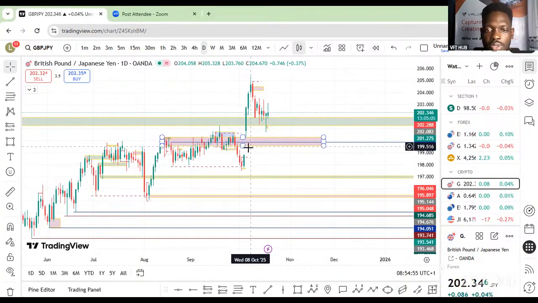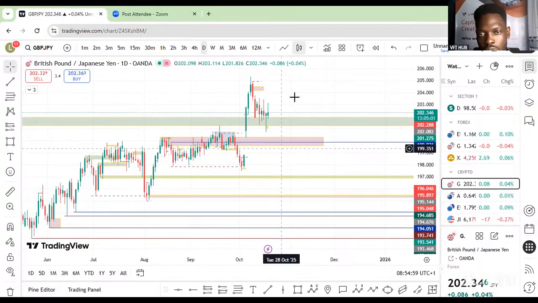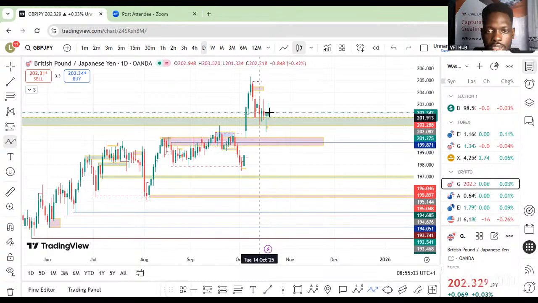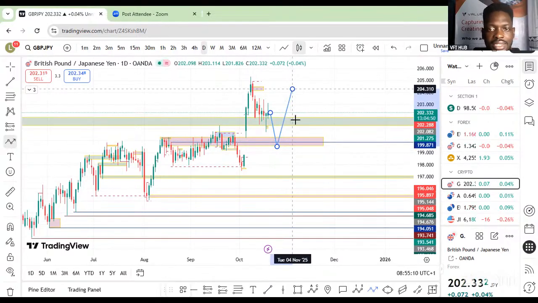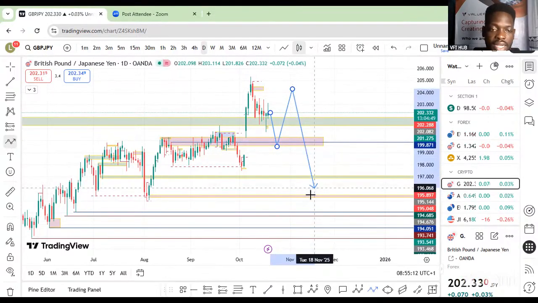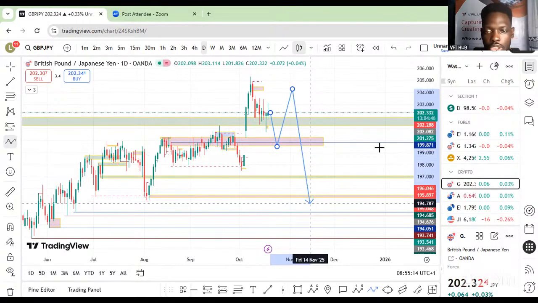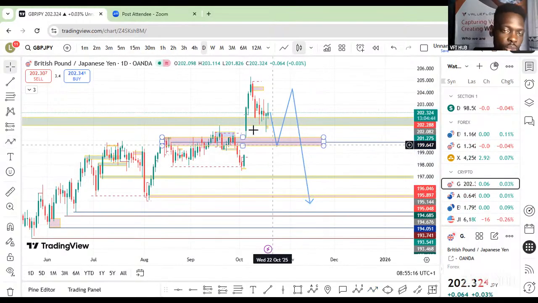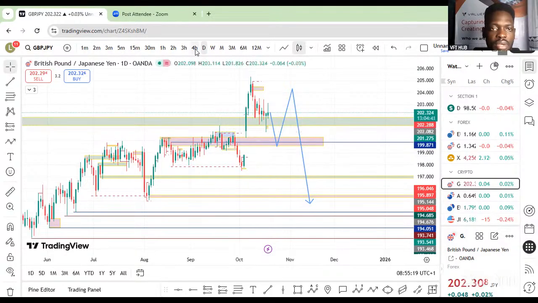If not 100%, then we are going to say 50%, and we are going to see a pull to the upside again. In a nutshell, this is what we are expecting to see on GBP JPY. Then we are going to see a pull all the way to the upside, and then the final sell of GBP JPY. All right, so this is what we are looking out for on the daily time frame for GBP JPY.